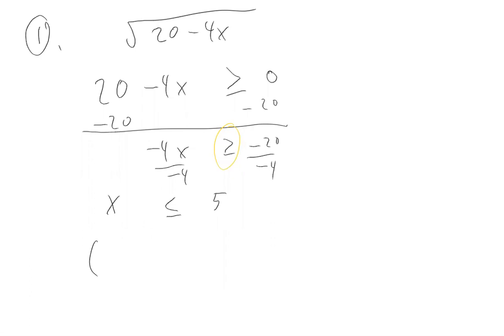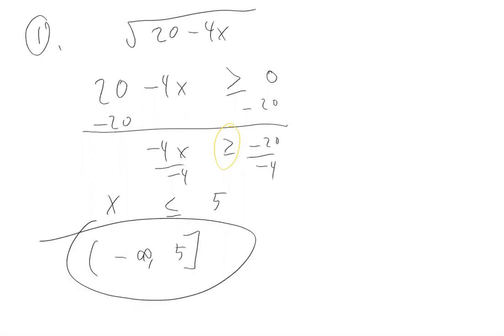Less than negative 5 would be negative infinity, all the way up to and including 5, which would be 5 with the bracket around it. So the domain of that is that. And so the graph of the function looks like this. Starts at 5 and then it heads left like this.